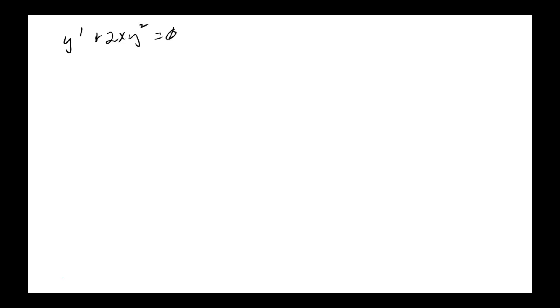Well, here's a solution for it. There's a differential equation. Here's the solution. Y is equal to 1 over x squared plus c. And that solution there obviously is a nonlinear solution as well. Okay?